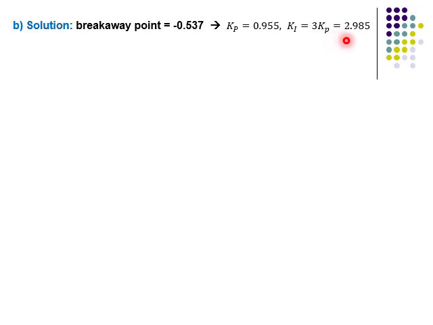So the value of Ki is 2.985. These are the two values for the controller gain. This gives us the solution that we need to place two of the closed loop poles at the breakaway point, so to give them the same value of minus 0.537.